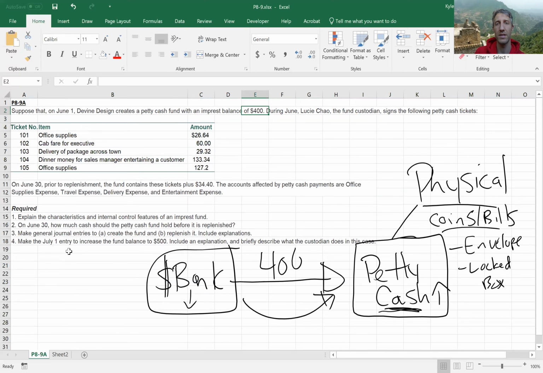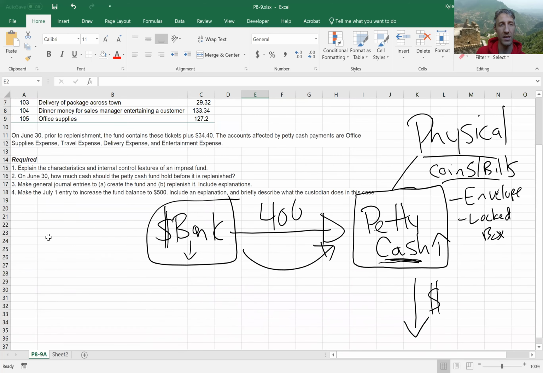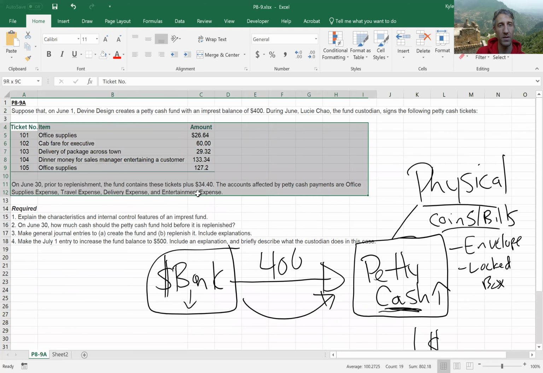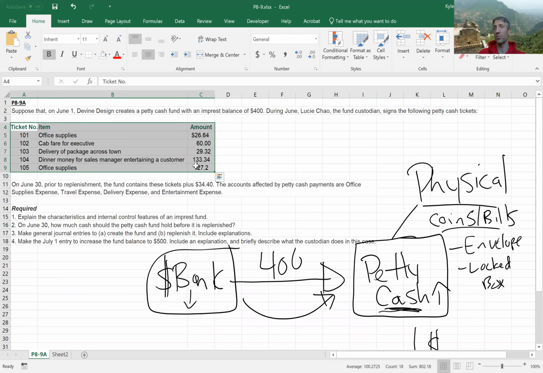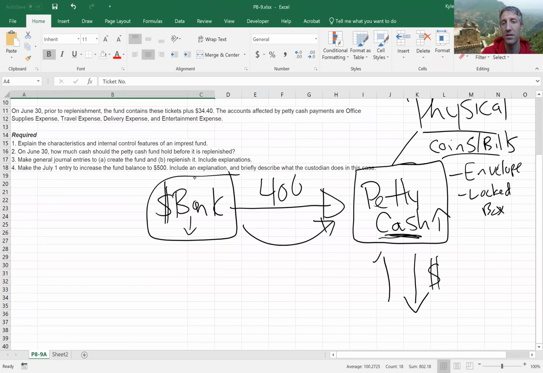So what happens here now is expenditures come out of petty cash. Money goes out. People pay for things with cash out of petty cash. In this case, the items they bought were listed above. They purchased these items with the funds out of petty cash. What goes into petty cash is a ticket.